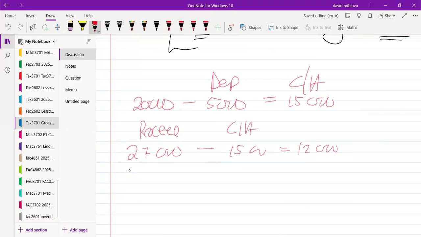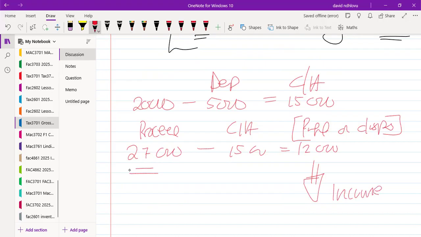What is this? This is profit on disposal. We know this in accounting, we don't include the whole proceeds in income. We actually include this amount. SARS will call this a capital gain and they include it via a separate line in the calculation of taxable income. In accounting, of course, we'll include that in other income.